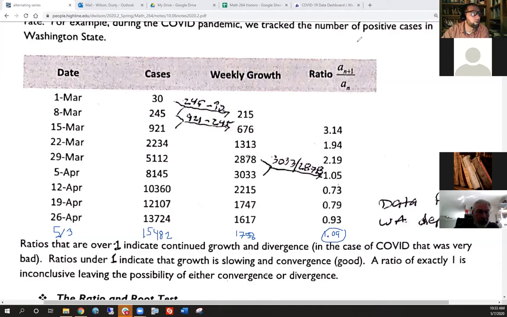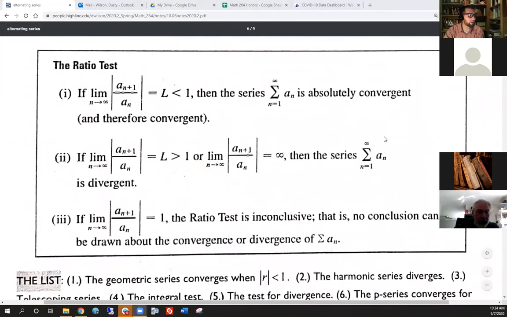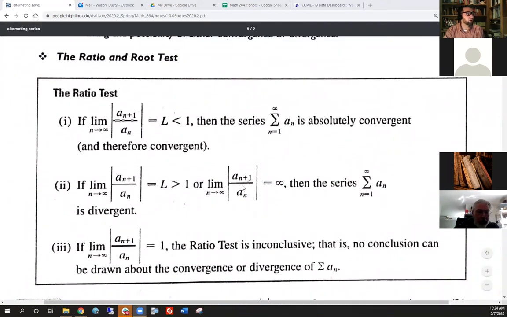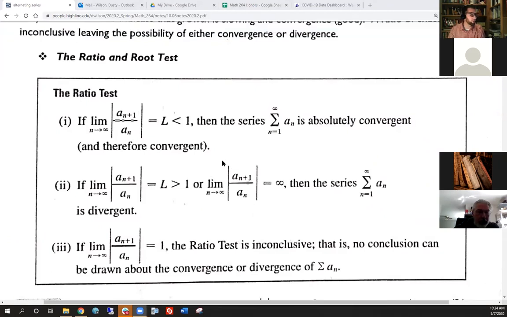I share this particular example not so much because it has a direct connection to the ratio test that we are going into, but because I think it's a good example of all the cases that we are about to see. So it's an analogy, not a direct connection. So here's how the ratio test works, and probably most of you have played with the ratio test in Calc 3.